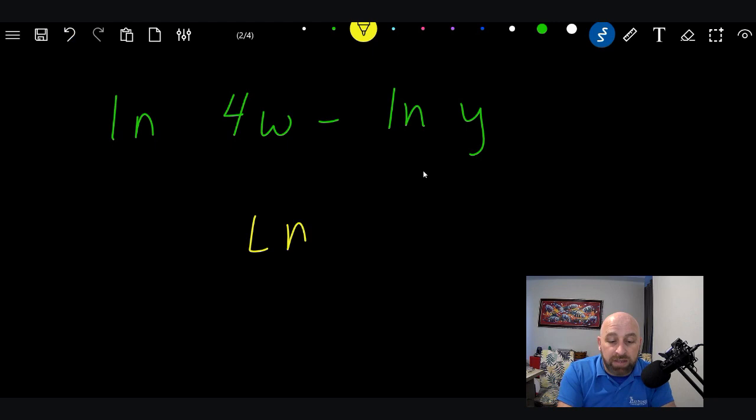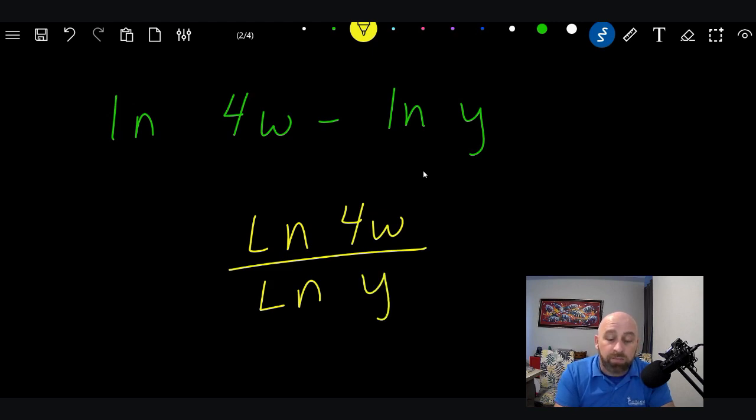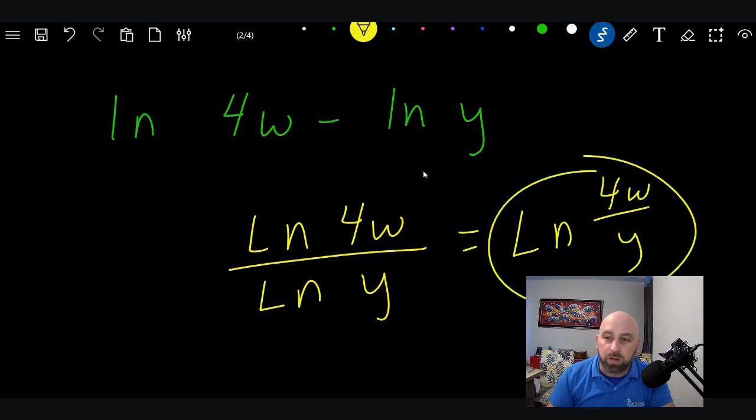So we'd have the ln of 4w over the ln of w, or excuse me, of y. Now you can condense it down a little bit more. Since that's common, you can almost factor that out. So probably the best way to write it is ln of 4w over y, and that would be the best way to write that one.